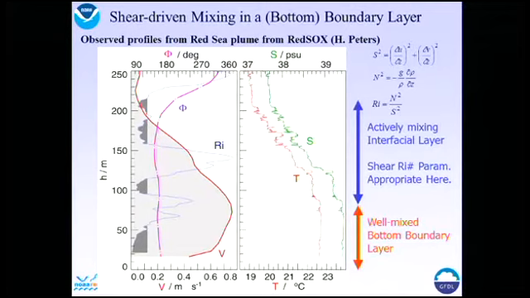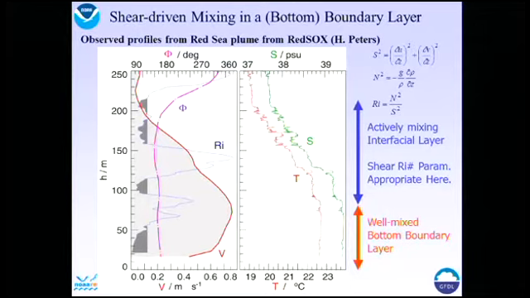Well, whenever this Richardson number is less than a quarter, you can show that that is a growing instability. And so in these shaded areas here, the Richardson number is less than a quarter, and that's also areas where you see evidence of the overturns in these temperature and salinity profiles, right? So it's getting all wrapped up.